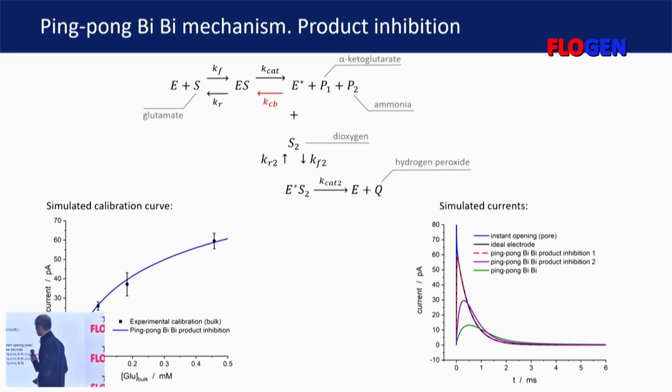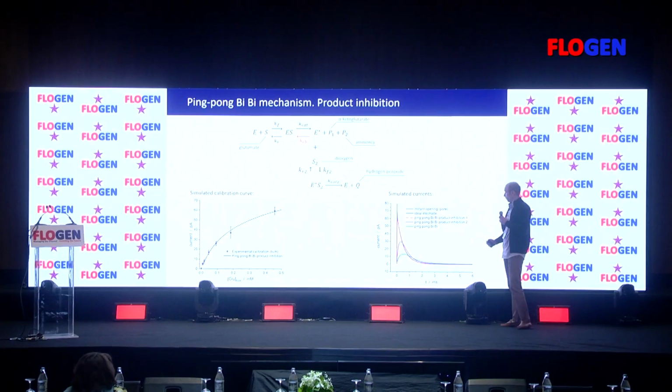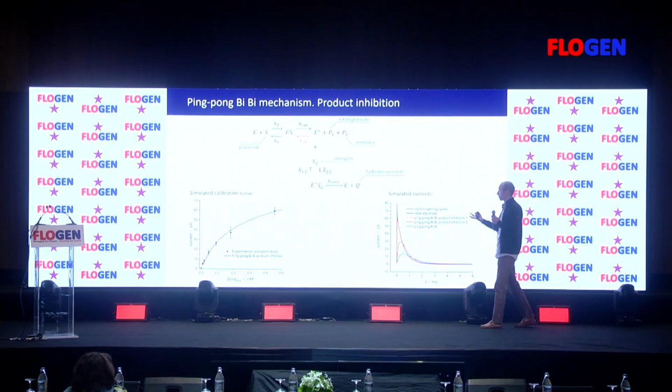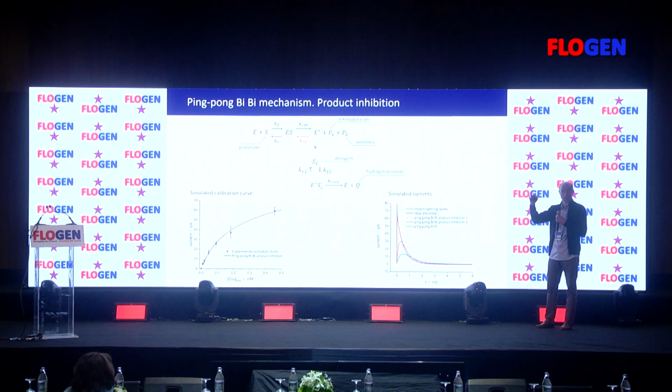And with the obtained kinetics, we can now really fit the calibration curve. In fact, the fit is even better than in the previous case. Also, when we model the release event under certain conditions, we obtain a curve which already recalls, by its amplitude and kinetics, the one we observe in the experiment.